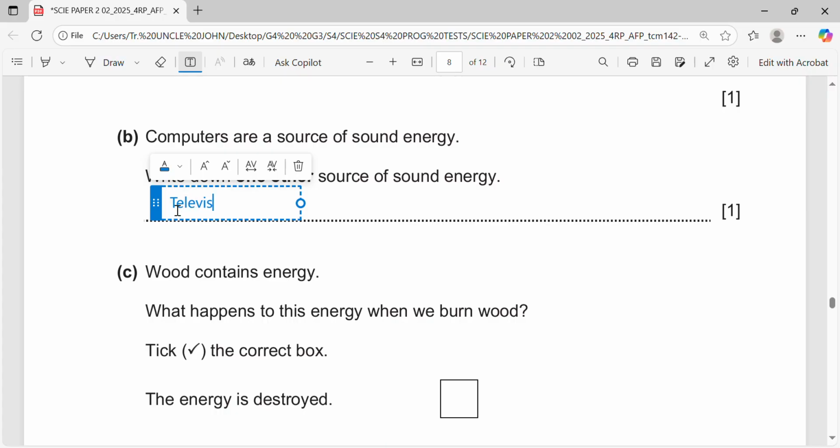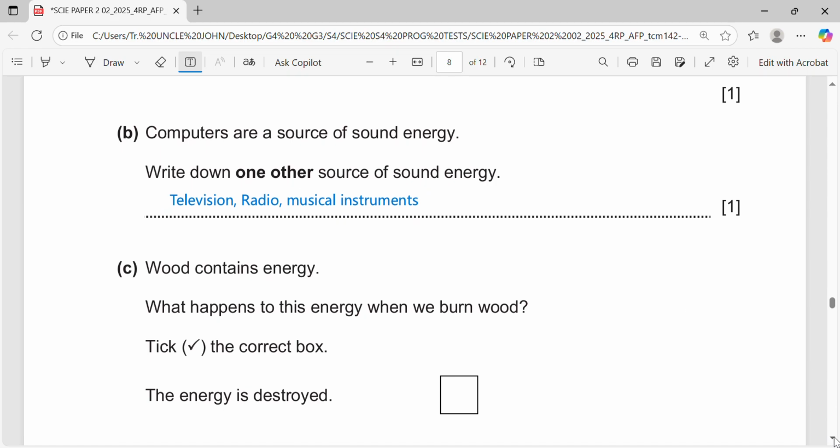Television. You can say the radio. You can again say musical instruments. All these ones you can as well give more.